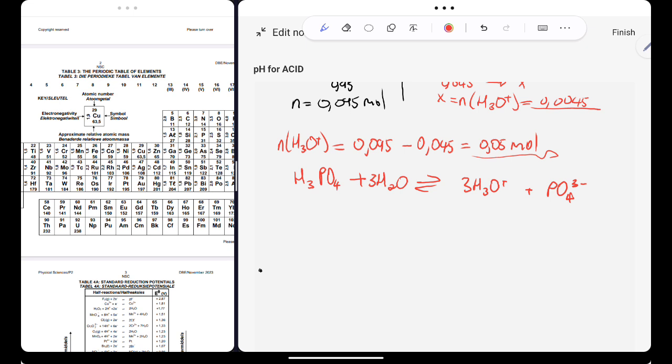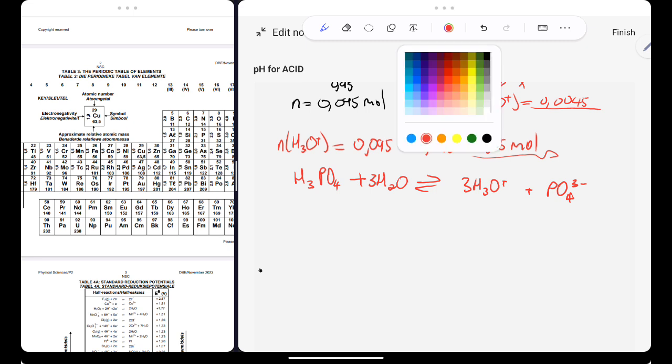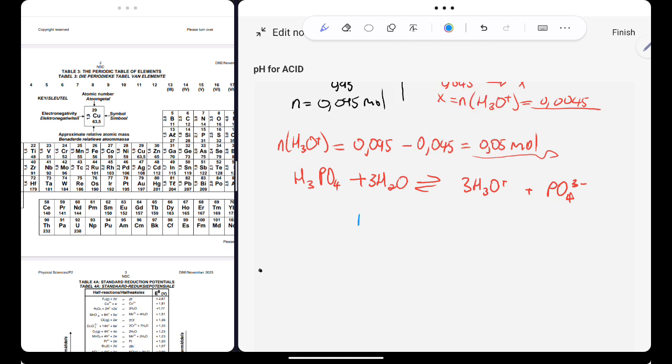Just put a 3 there to balance. Okay, so since I do know the number of moles of hydronium ions, I can simply find out the number of moles of my actual acid. I know that 1 mole of H3PO4 will give me 3 moles of the hydronium ions altogether.